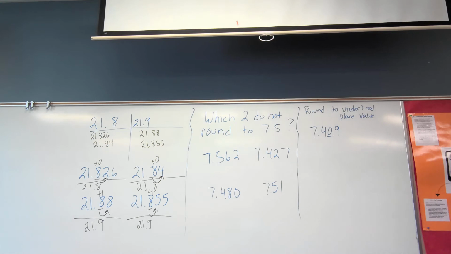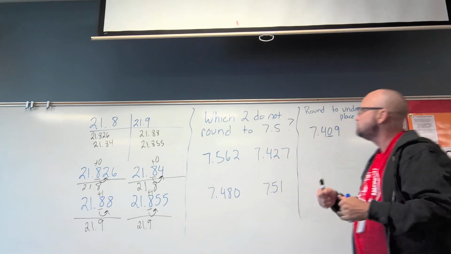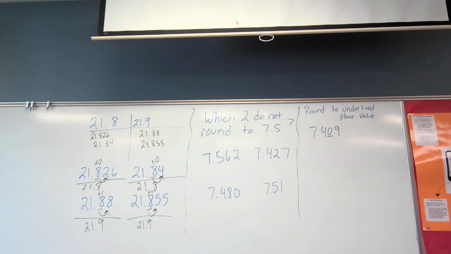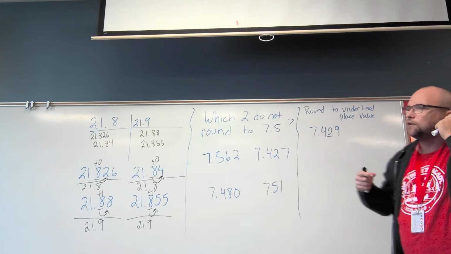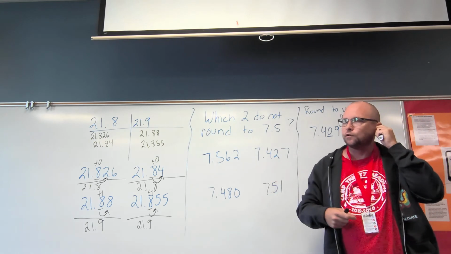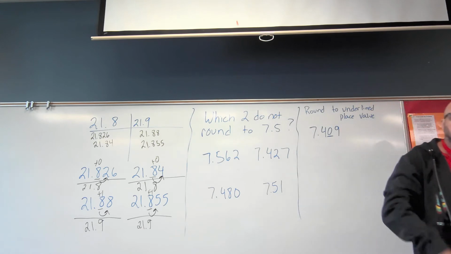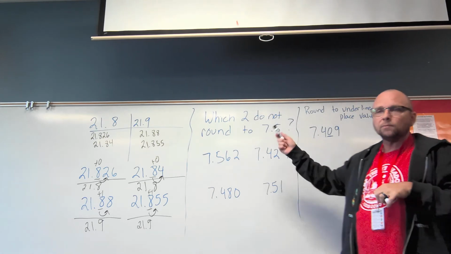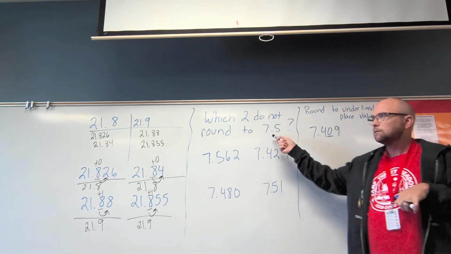I don't think that'd be very good, but we're going to raw chicken squeezy anyway. Which two do not round to 7 5/10? So what place value are we going to round to? Dell, are we going to round the whole number, tenths, hundredths, thousandths?